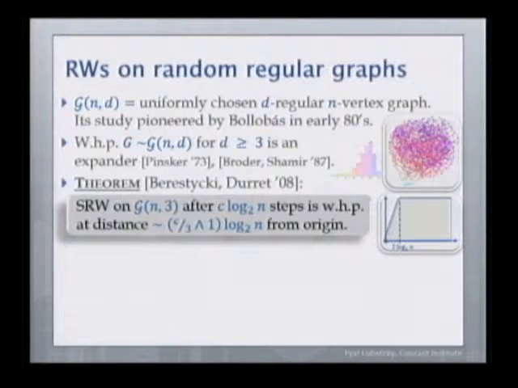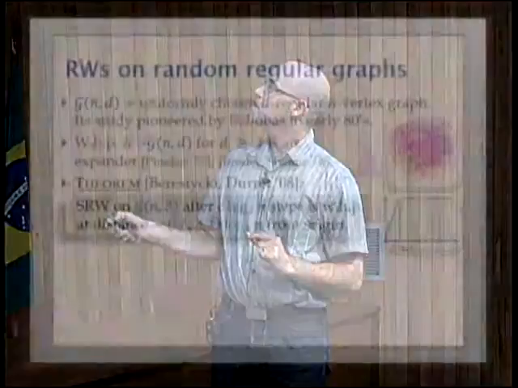Okay, so Nathanaël and Rick Durrett have the following remarkable theorem. You start a random walk on a random 3-regular graph, and you fix a designated endpoint, C log_2 n. It turns out that the distance from the origin would be linear.